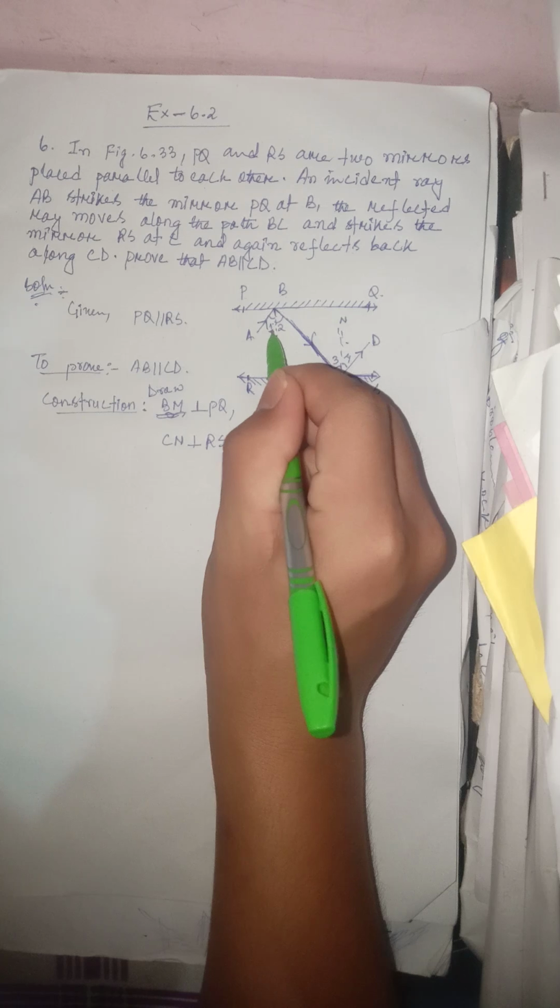Here we have ABC and BC. This should be D. Here we have ABC and BCD. Using these reflections, we will proceed to the next step.